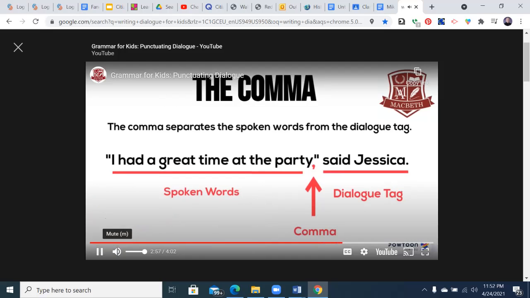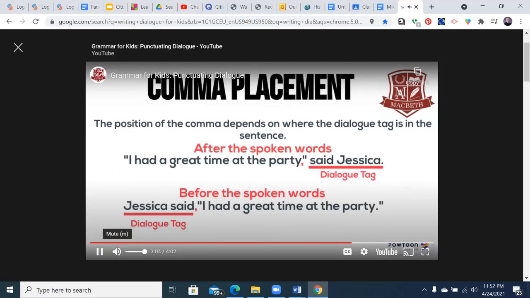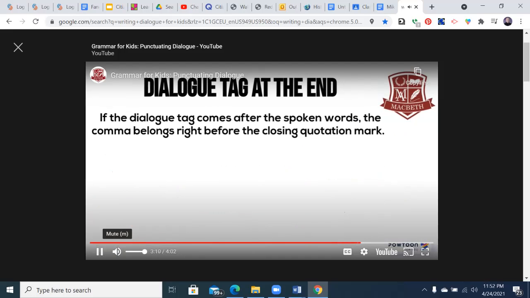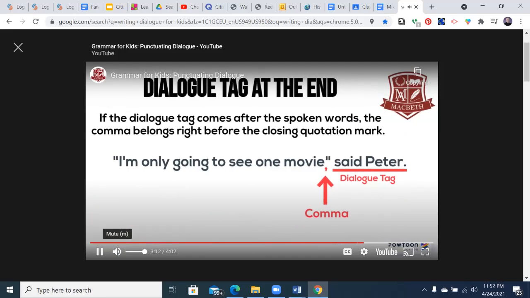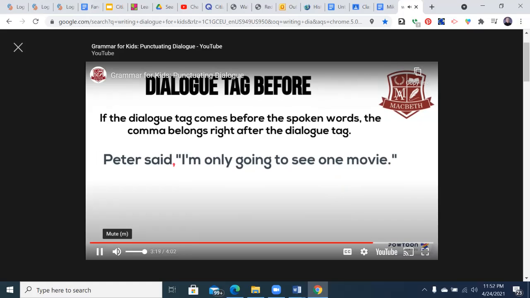The comma separates the spoken words from the dialogue tag. The position of the comma depends on where the dialogue tag is in the sentence. Think of the comma as a separator. If the dialogue tag comes after the spoken words, the comma belongs right before the closing quotation mark. If the dialogue tag comes before the spoken words, the comma belongs after the dialogue tag to separate the spoken words from the dialogue tag.